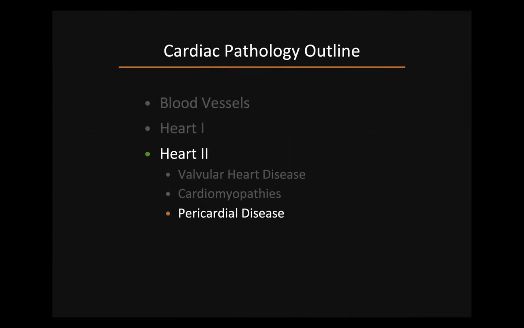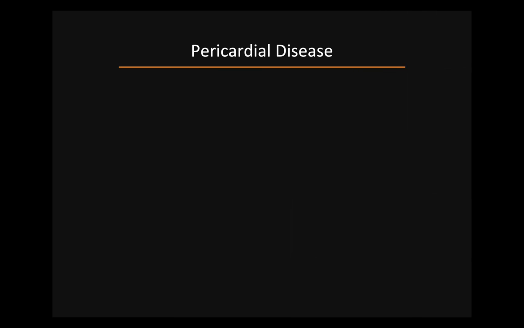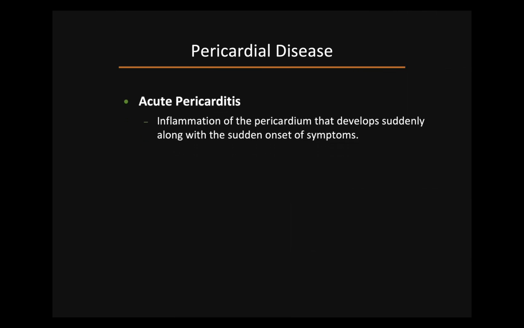All right, so let's move on to pericardial diseases. Pericarditis is an inflammation of the pericardium or the pericardial sac that surrounds our heart. Acute pericarditis is where you have inflammation of the pericardium that comes on suddenly, and you have a sudden onset of symptoms.